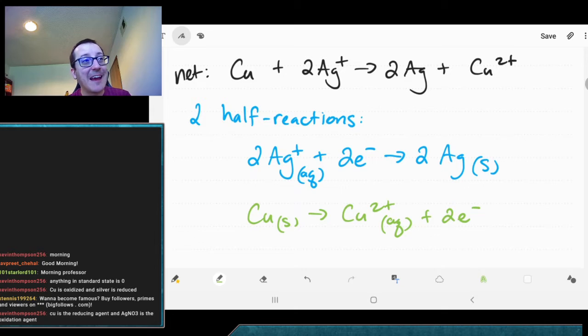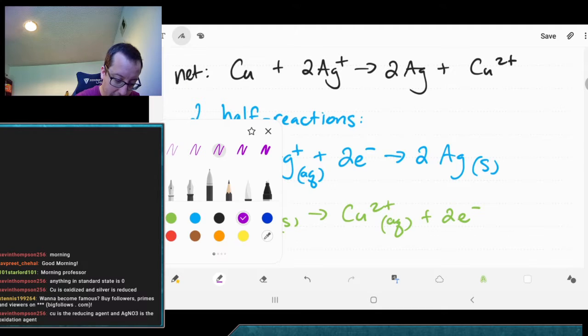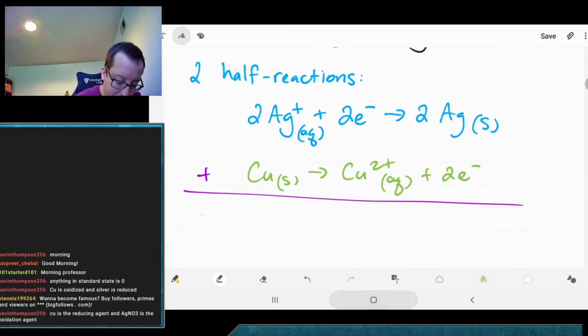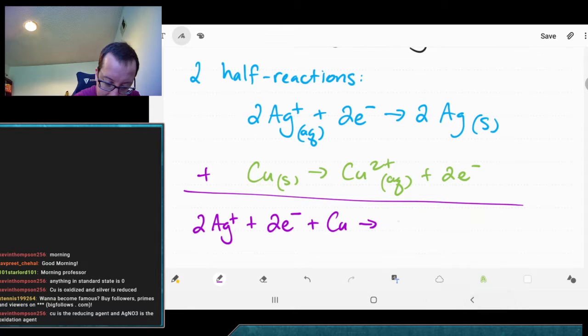And notice if we were to add these two equations together, we would end up canceling out the electrons, right? Because that's the whole point of this. And so we can then combine these reactions together. If we add them, we'll end up with our net ionic equation again. I'll just copy everything right now, and then we'll cancel out our electrons.